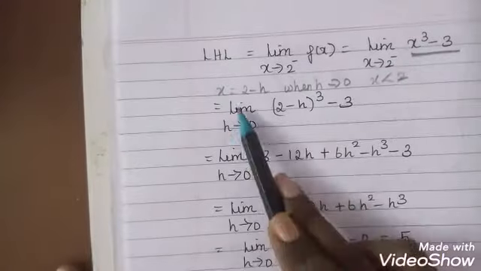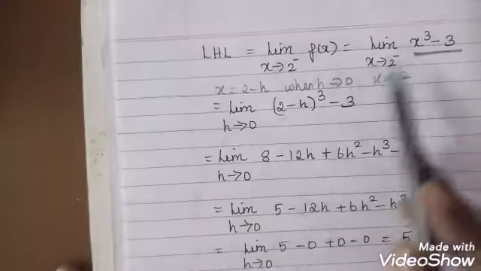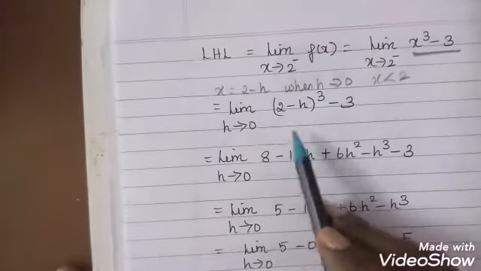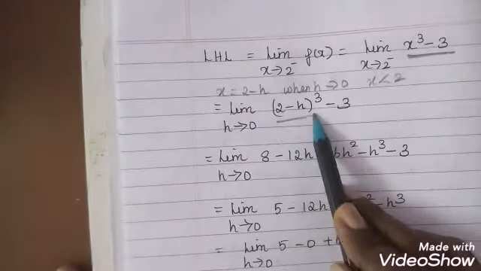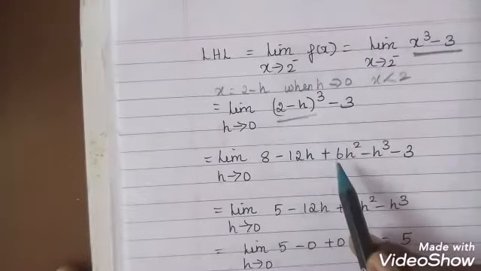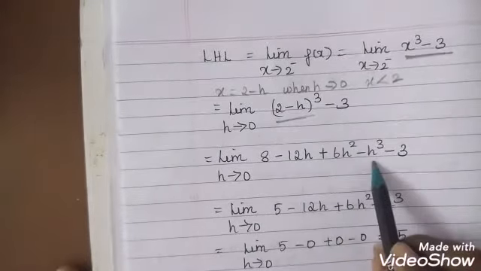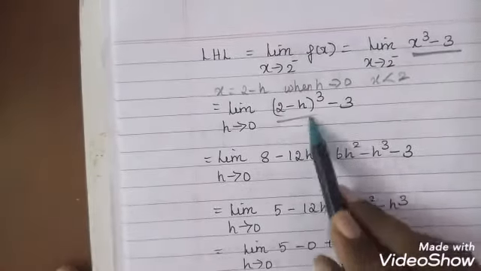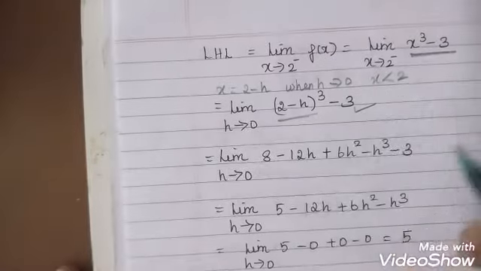So how do I write here? Limit of h tending to 0, your x is replaced by 2 minus h the whole cube minus 3. So a minus b the whole cube formula: it is a cube minus 3a squared b plus 3ab squared minus b cube. So it's 8 minus 12h plus 6h squared minus h cube. You already have a minus 3 here.